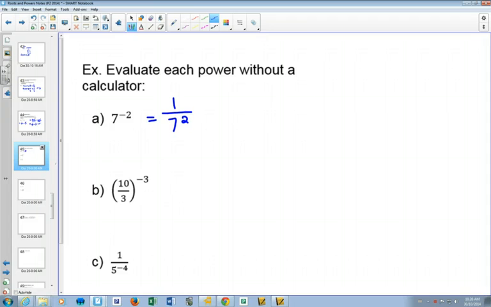You get 1 over 7 squared. It says evaluate. Evaluate means there should be no operations left. You should be able to write your final answer as a number, whole number, rational number, natural number, whatever it is. There is an operation here. 7 squared is 49. Now we've written our final answer as a rational number, as a single number, so we're done.